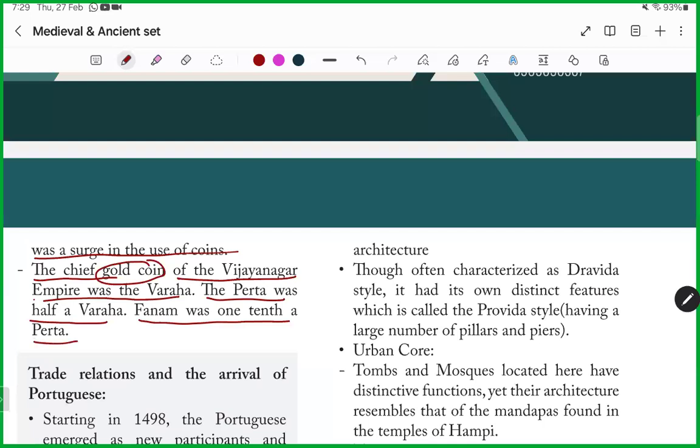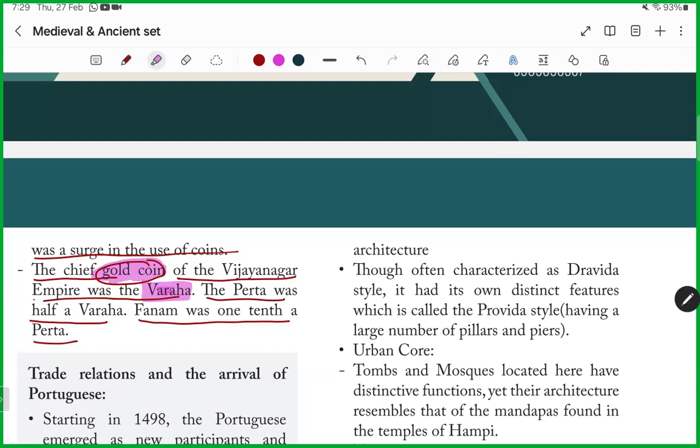All right. So what are the 3 coins that were in circulation during the Vijayanagar Empire? I've already discussed this when we discussed the coins. It is the Varaha, and Varaha is the gold coin. So what were the 2 coins that were in circulation during the Vedic period?